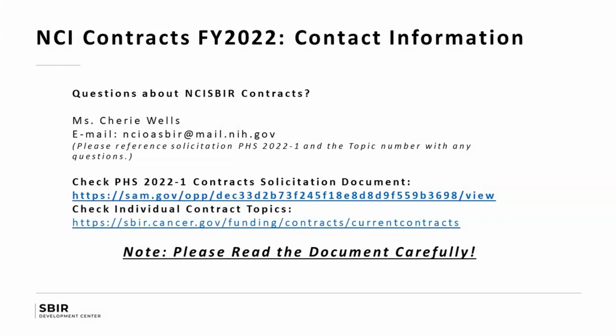So yes, the one major difference between grants and contracts is that most grants that we have are reviewed at CSR, which is a separate institute within NIH. All contract solicitations are reviewed within the National Cancer Institute. So we work very closely with our colleagues at the Division of Extramural Affairs to help identify reviewers.